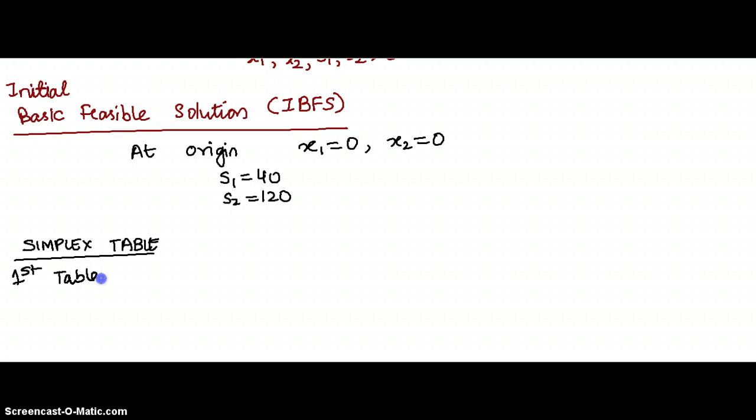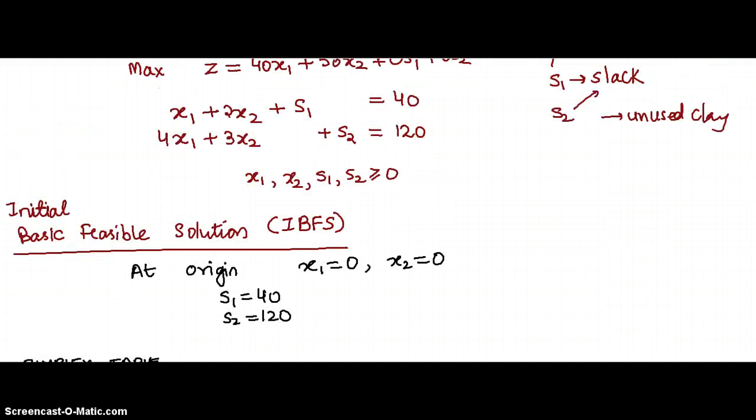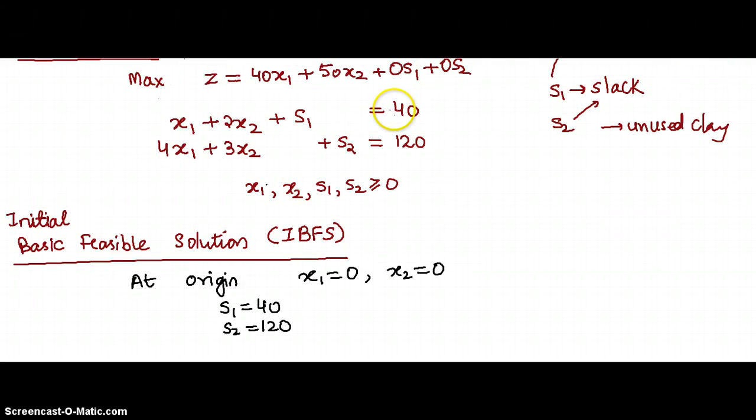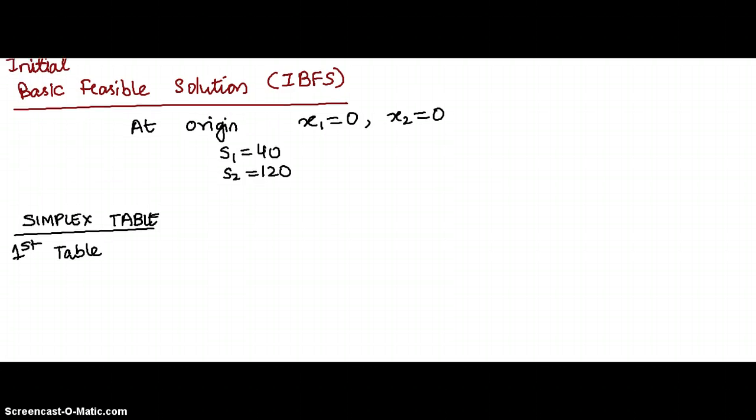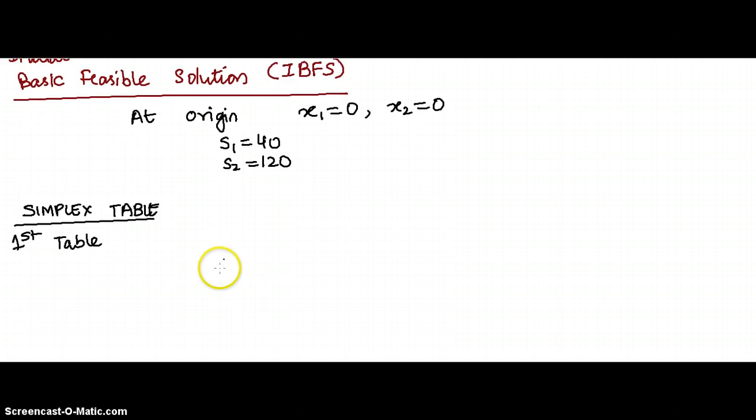In the first table, first we need to identify all the variables involved in the problem, which we can get from the objective function. In the objective function, we can see the variables x1, x2, s1, s2. So we'll write all the variables in the form of a row: x1, x2, s1, s2.